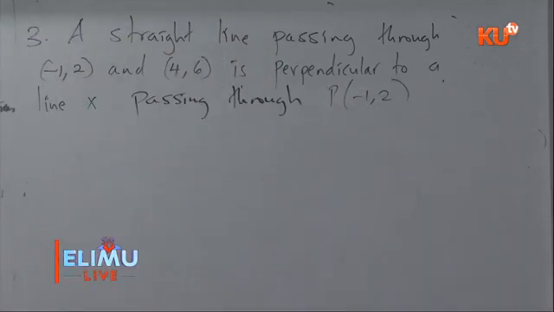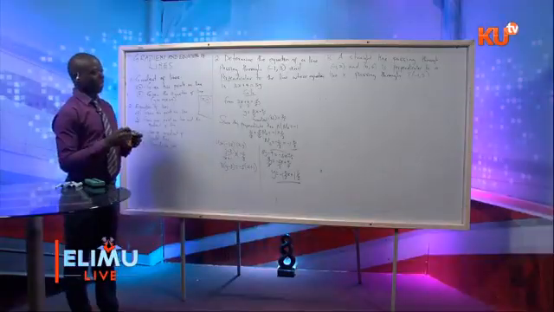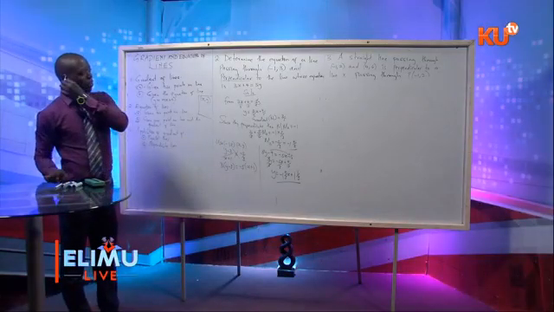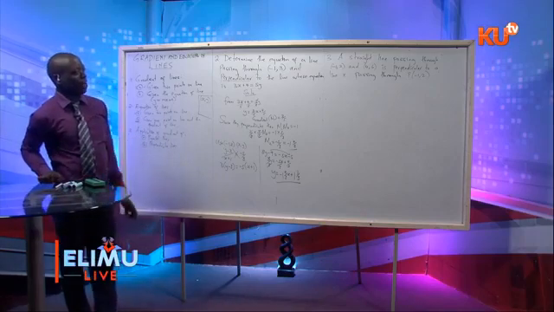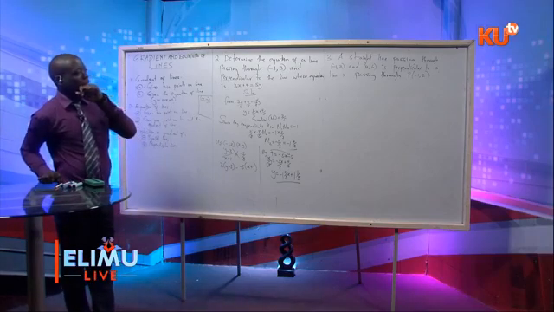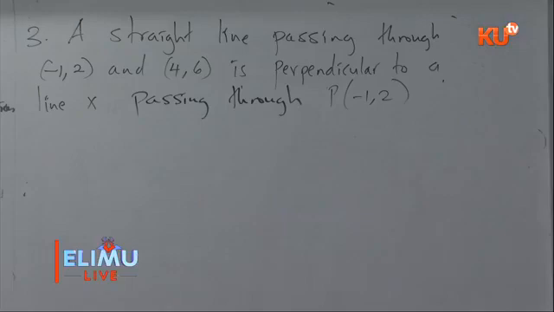Sorry for that. I was saying you've been given 2 points, -1, 2 and 4, 6, and that line is perpendicular to a line x that is passing through the point -1, 2.